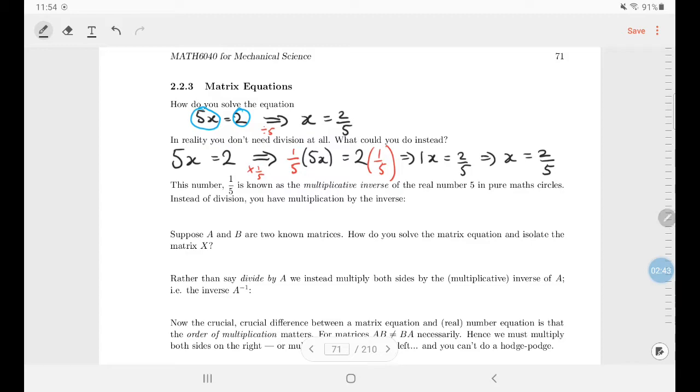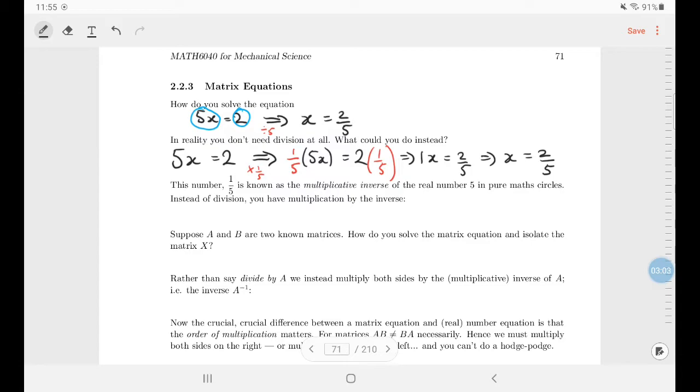You can say the 1/5 by 5 is 1 and 1 by x is x. Or else you can just say that multiplying by 1/5 is the inverse of multiplying by 5. And you don't have to go through the number 1, but it doesn't really matter. So this number 1/5 is known as the multiplicative inverse of the real number 5.